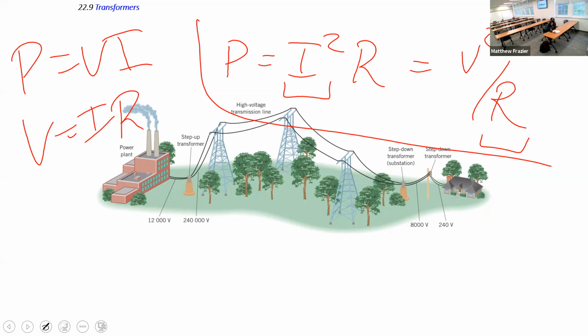So for a high voltage line, you can increase the voltage and decrease the current. That means you're supposed to be able to run further.